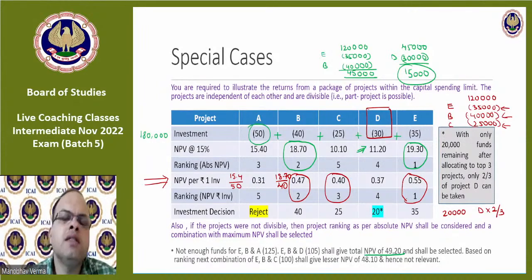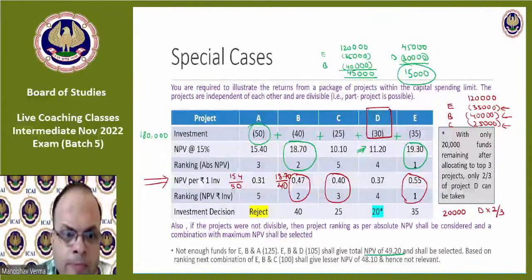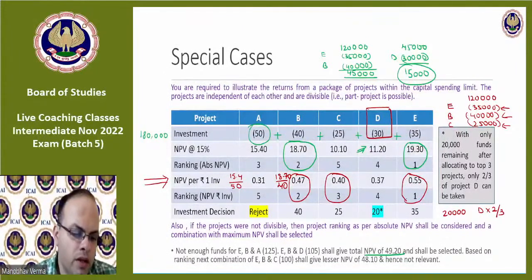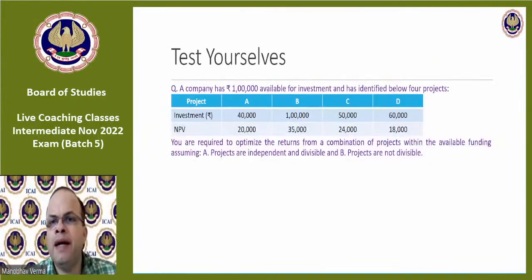What about others, guys? So basically the advantage in this assumption. There is an advantage, there is a disadvantage. The disadvantage is that you're probably assuming that the projects are divisible, which may not always be the case. But definitely the advantage is that you're utilizing all the funds you have, right? That's it. So good kind of a scenario here, guys.